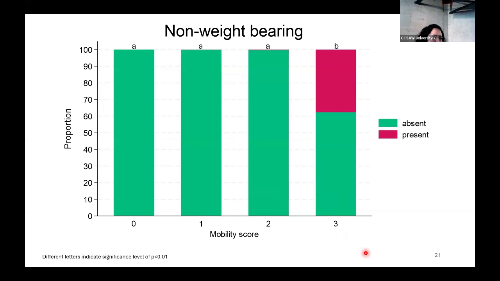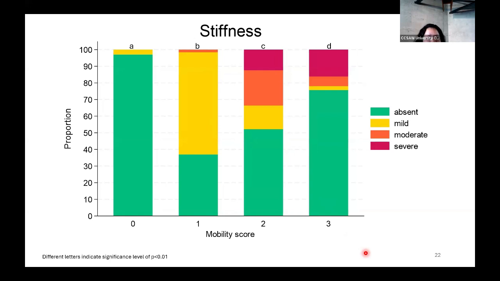Non-weight bearing was only mentioned for mobility score of 3, so it makes sense that we only observe it on scores of 3. In the case of stiffness, we had mild stiffness mostly present on mobility score of 1 and moderate to severe stiffness on mobility score of 3, but we didn't mention stiffness on mobility score of 3, yet we observed a lot of severe stiffness here.